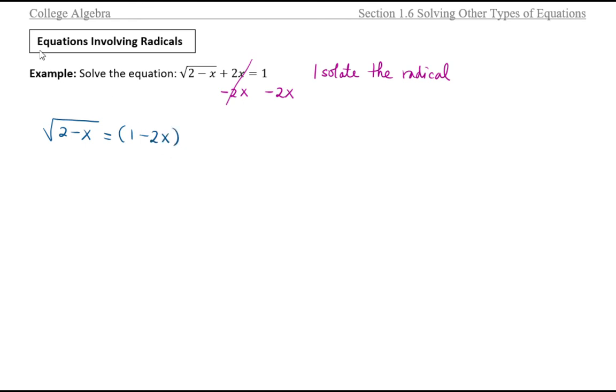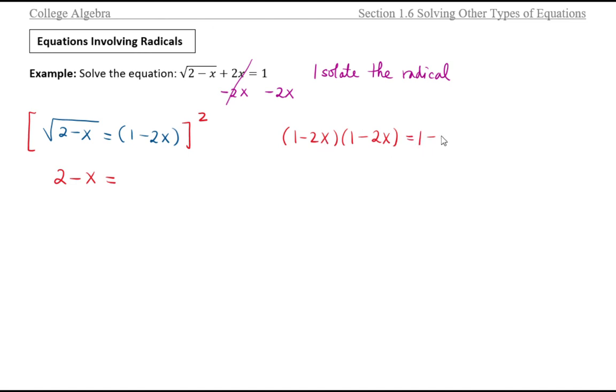Now, since I want to get rid of the radical, I can square both sides. So simply square both sides. So what do I have? Here, I will come up with 2 minus x. On the right side, please don't forget, this is squared. You need to use FOIL. So 1 times 1 is 1.